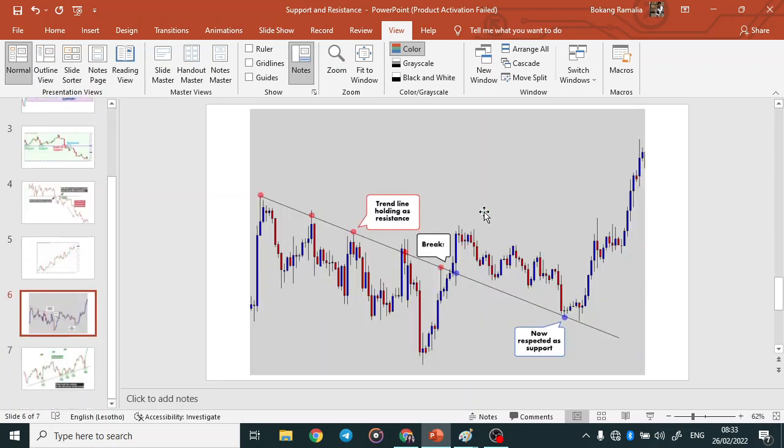Similarly, we have this market that was creating this trending resistance in a market that was going down previously. So we have resistance. At this point, the market decides to go further above and break this resistance level.